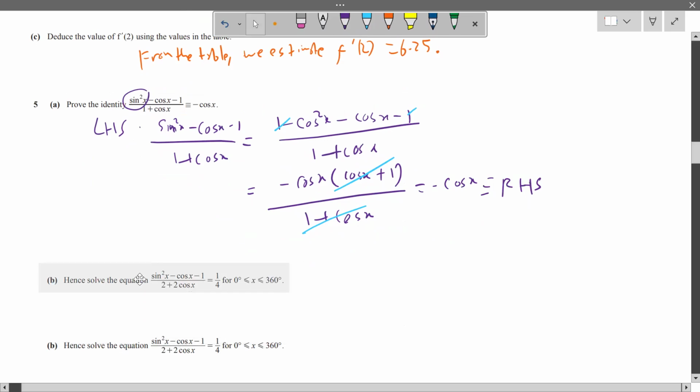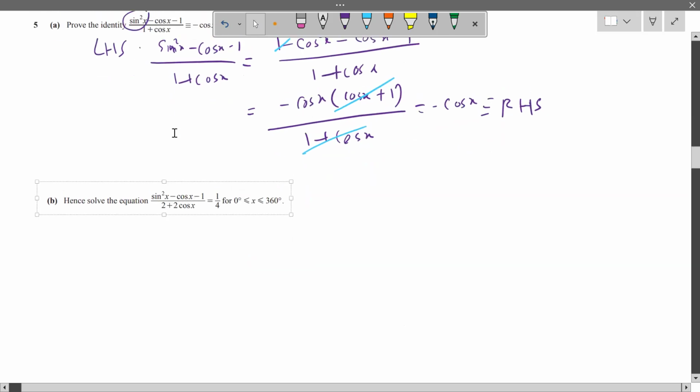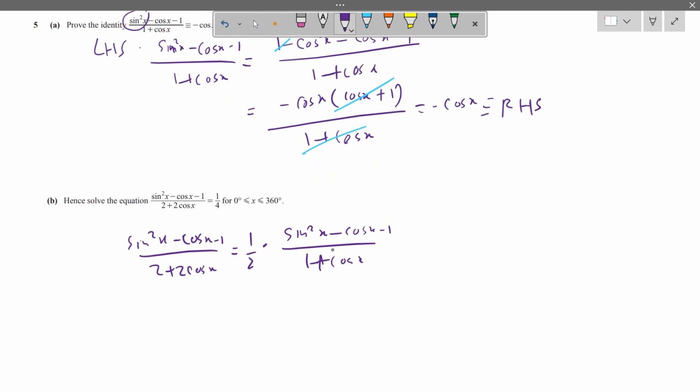Hence solve this equation. This equation would have been quite complicated if you don't know this identity. But since we already know, the left-hand side is actually 1/2 of the expression in question A. So sine squared x minus cosine x minus 1 over 2 plus 2 cos x is equal to 1/2 of sine squared x minus cosine x minus 1 over 1 plus cos x.